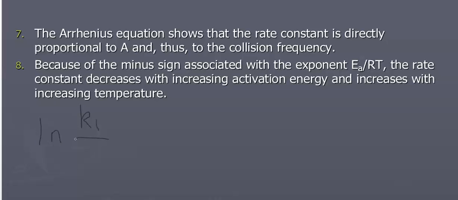Natural log of K1 over K2 is equal to the activation energy divided by R, which is that gas constant, times 1 over T2 minus 1 over T1. So this is a different form of the Arrhenius equation, and I will show you how we use this form in class when we go through some examples. But again, the Arrhenius equation shows the dependence of the rate constant K on temperature.